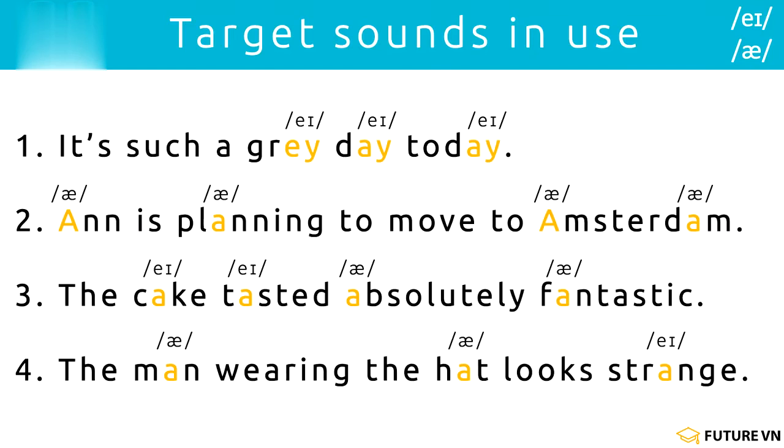So you can use the sentence and practice the target sound within a sentence rather than just saying words. So look at these sentences. The first one targets the A sound. Can you see that? I've highlighted in orange each target sound, and sentence one targets the A sound. So I'd like you to repeat the sentence after me.